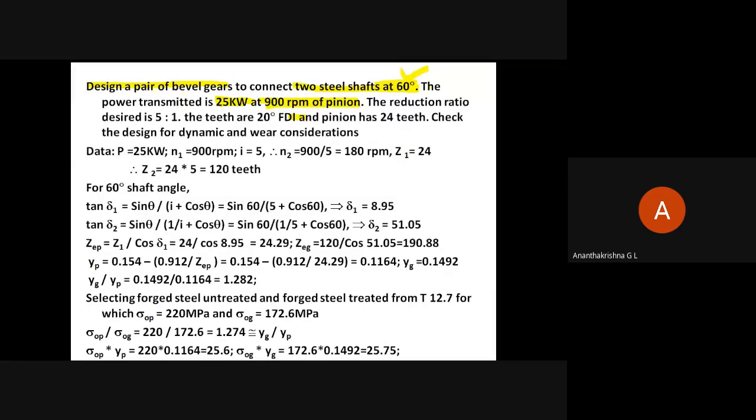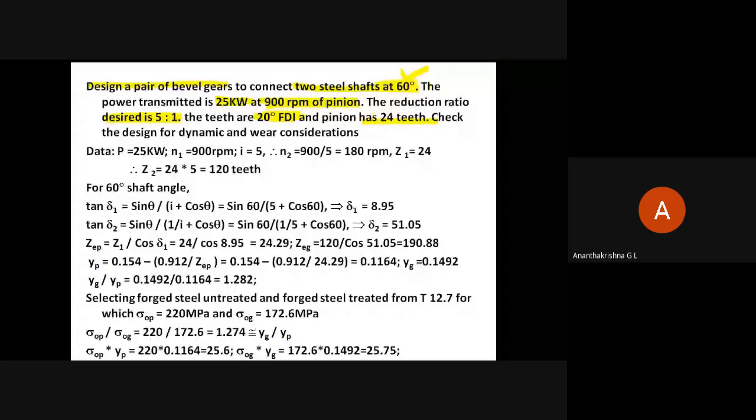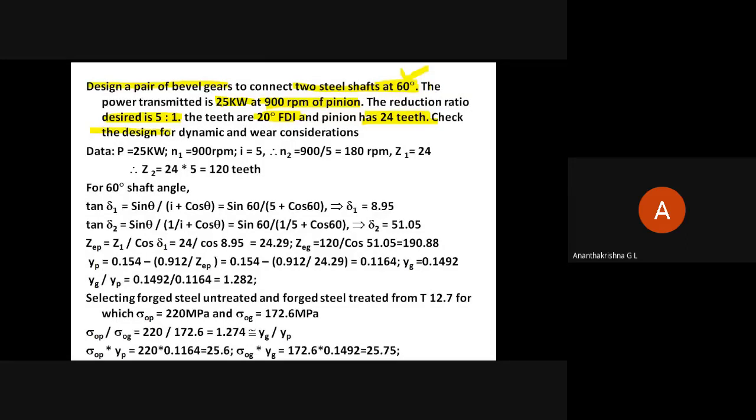The reduction ratio desired is 5:1. The teeth are 20-degree full depth involute and the pinion has 24 teeth. Check the design for dynamic and wear considerations.